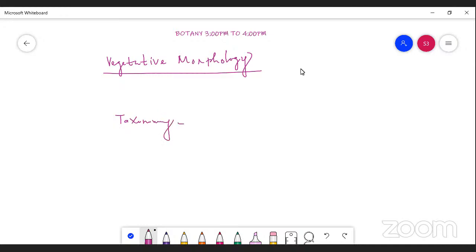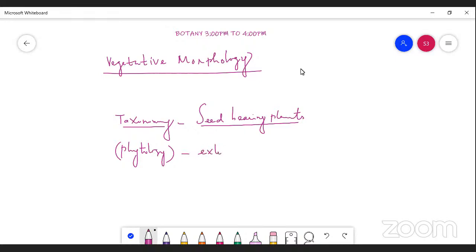Taxonomy studies and considers seed-bearing plants, and the external characters of plants. The various external characters of the plants are called morphology.